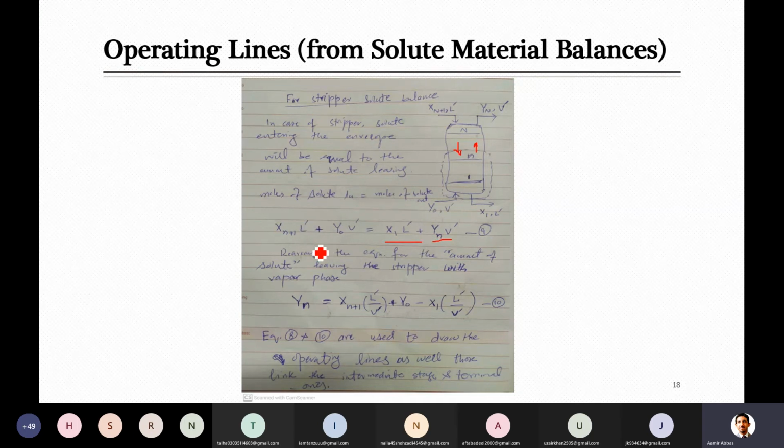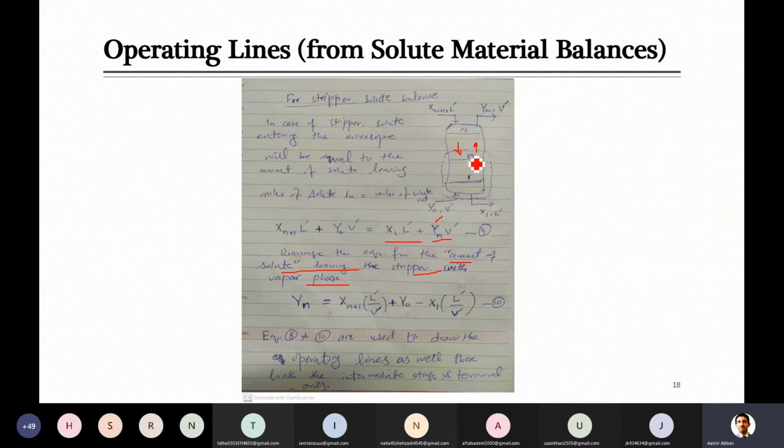So here we just have to rearrange it so that we look for the amount of solute leaving the stripper with the vapor phase. So the amount of solute which is leaving the stripper in the form of vapor phase is represented with y_n.